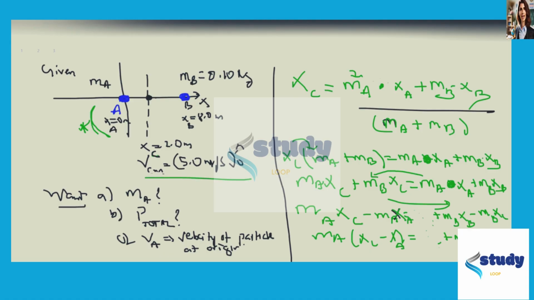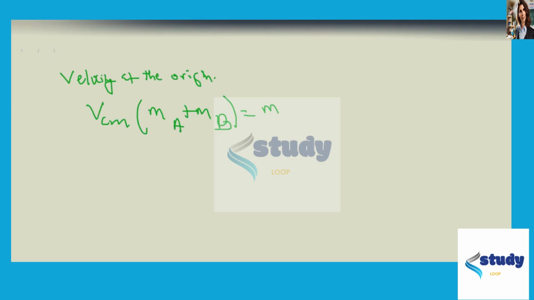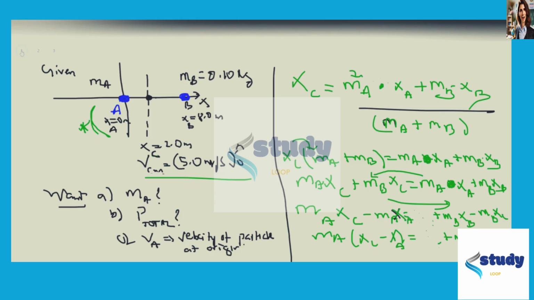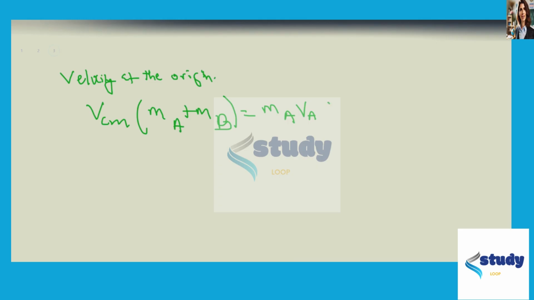So if we come back, we see that we have ma, va. Remember VA was the velocity that we're looking for, this one right here. And then VB is the velocity of the second one plus MB, VB.